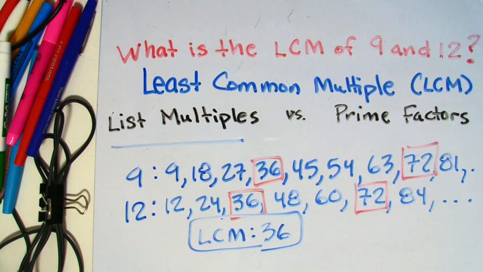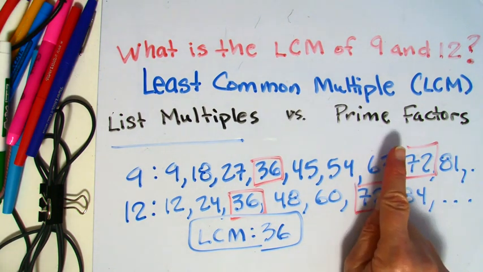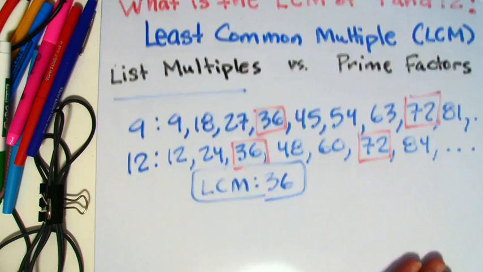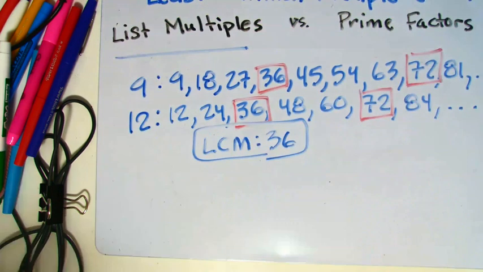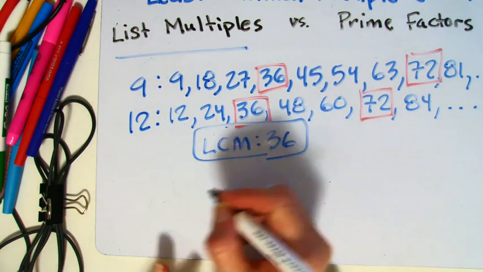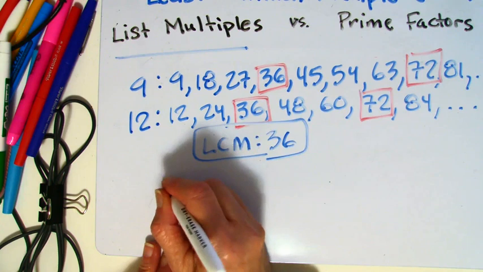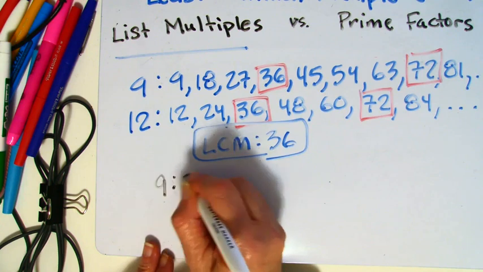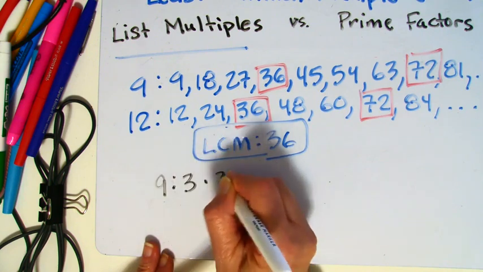Now let's go ahead and use the prime factors method. And the goal is to first write out the numbers in prime factor form. Okay, so I know that the prime factors of 9 are 3 times 3.